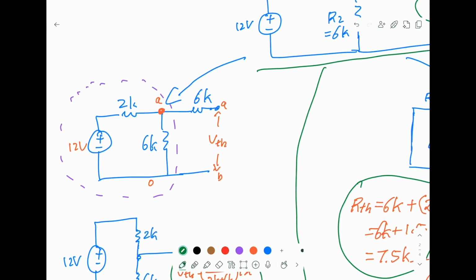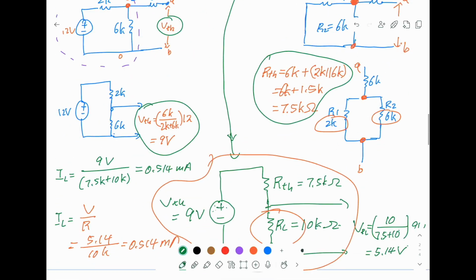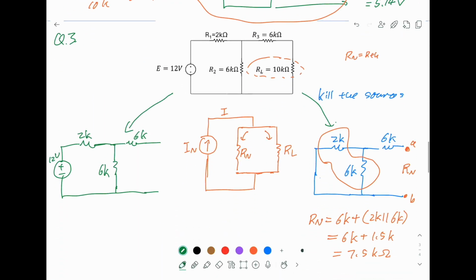Can you see it? You just open and find the voltage here. But this time we want to find the current, so we cannot just open it. It means this time we have to connect it. So this is important part. And we want to find not the voltage between the points, we want to find this current passing through here. And this current passing through here, we don't know yet, up or down, it doesn't matter.